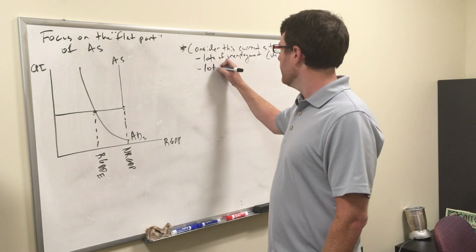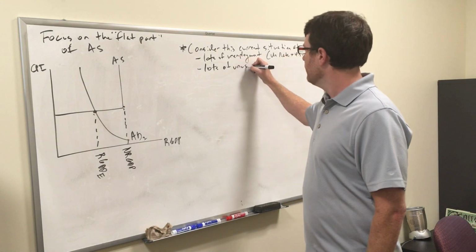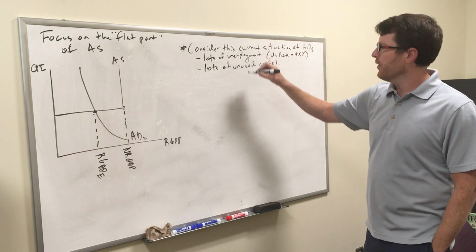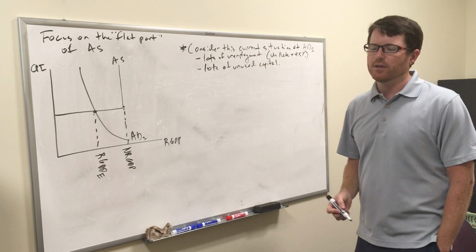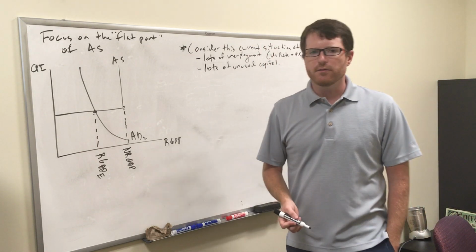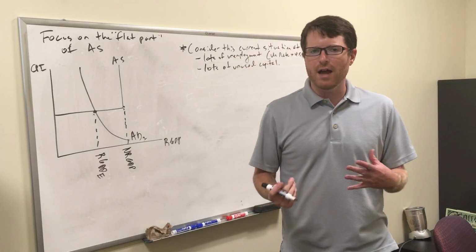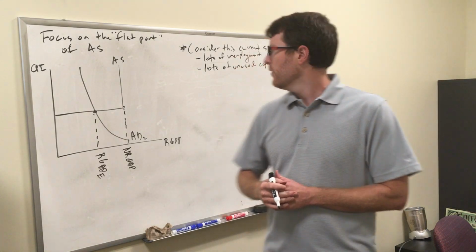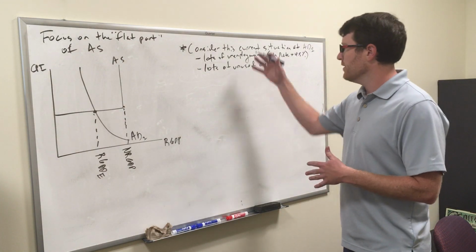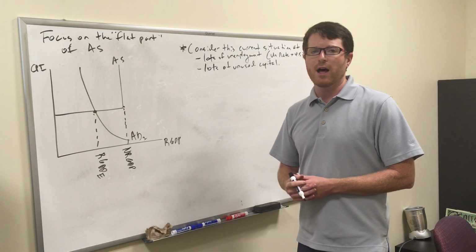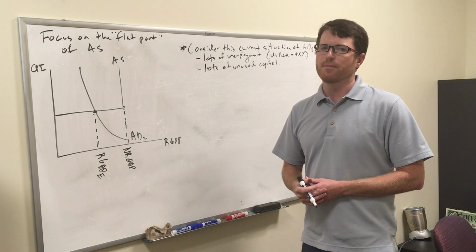There's probably also lots of unused capital, right? If these workers aren't working, it probably also means there's lots of capital not being used. A lot of vacant buildings, desks that are empty, computers not being used, lots of resources not being used. So lots of unused capital, lots of unemployment, probably natural resources aren't being used, and there's probably not a whole lot of entrepreneurship going on as well.